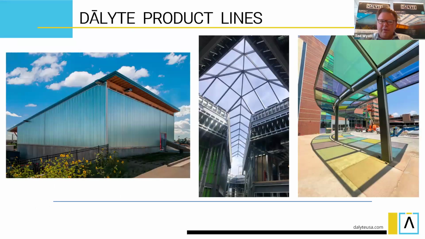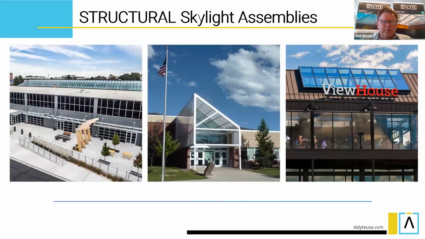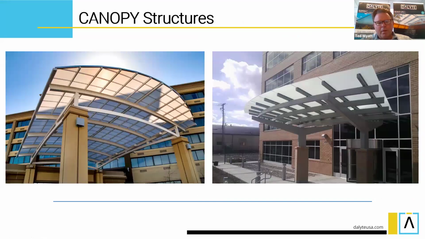So now we're going to touch on DAYLYTE's basic product lines: structural skylights, canopies, Eco Wall translucent wall panels, and unit skylights, which are the typical bubble curb-mount skylights. Structural skylights can be lean-tos, ridges, pyramids, really any shape or form.